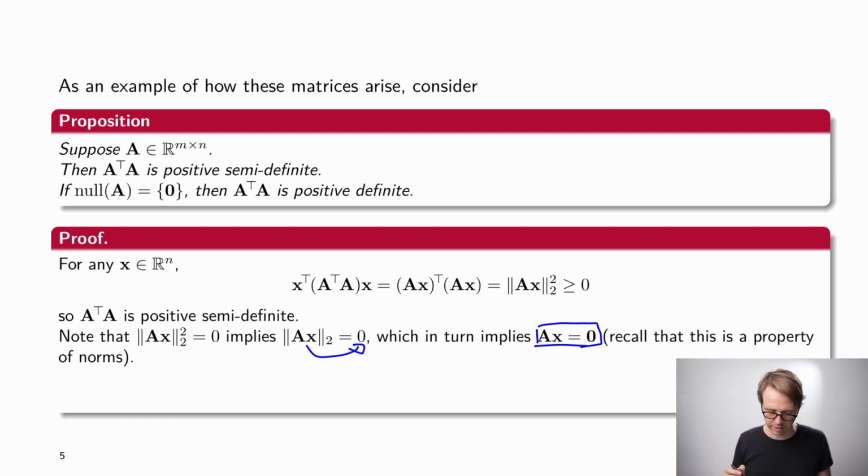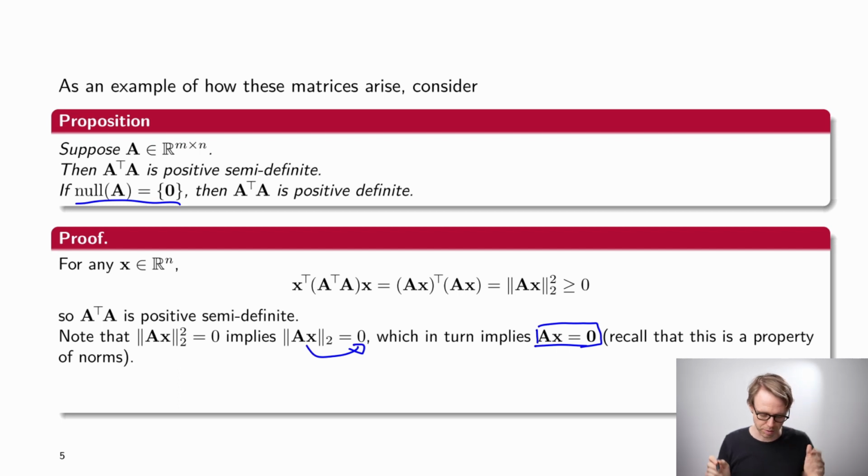Thus, for any non-zero x, Ax is different from 0, because the null space is only the set containing the 0 vector, and we know that A transpose A must be positive definite.